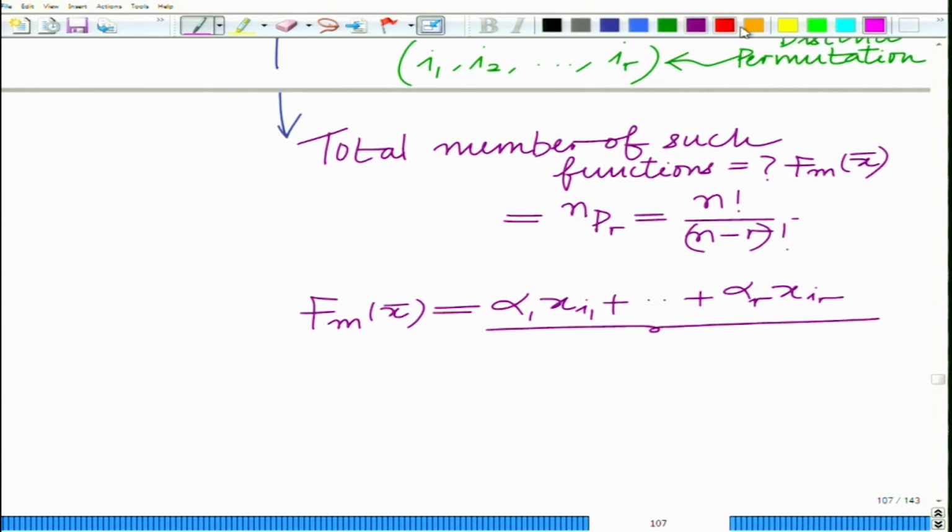Each of these, very interestingly, is a hyperplane, which implies this is convex. Each of these functions corresponding to a permutation of these r variables x_i1, x_i2, x_ir is a hyperplane. So each such function is convex.